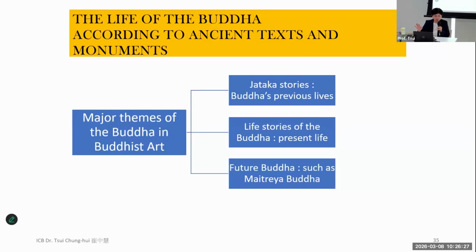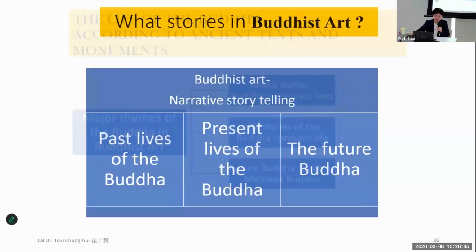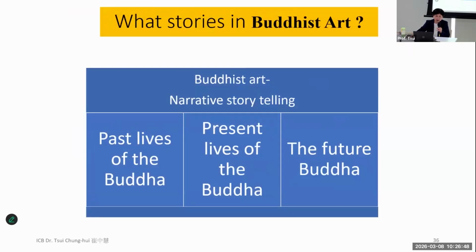And also the stories related to the future Buddha, the Maitreya Buddha. So the past, the present, and the future. It emphasizes the concept of the Buddhas of the 3 generations, 三世佛. The concept of the 3 Buddhas of the 3 generations is one of the major philosophies in Buddhism.